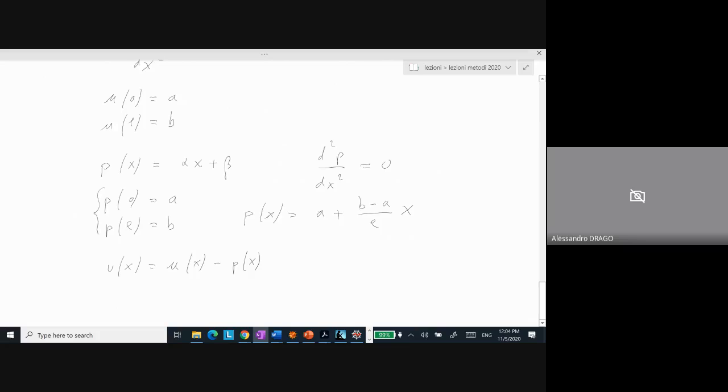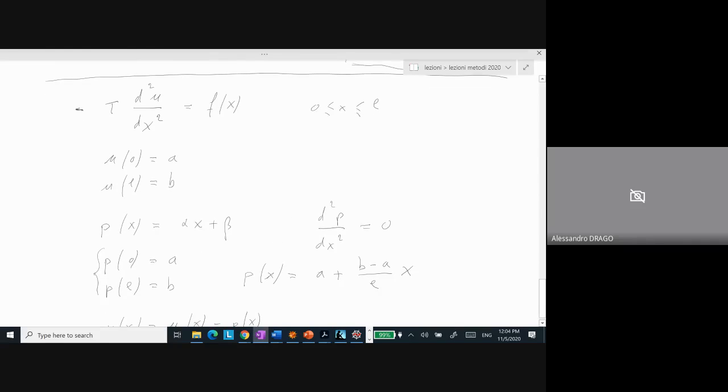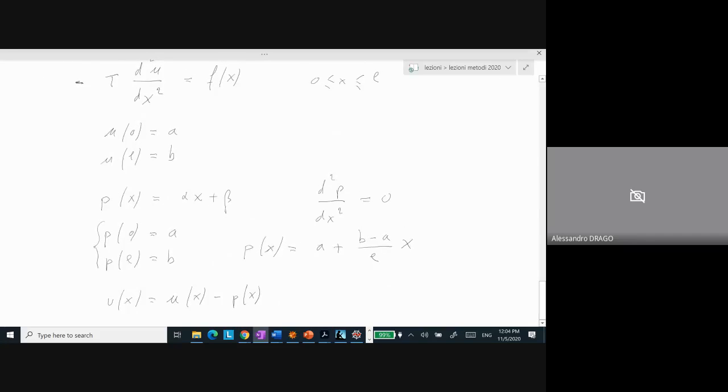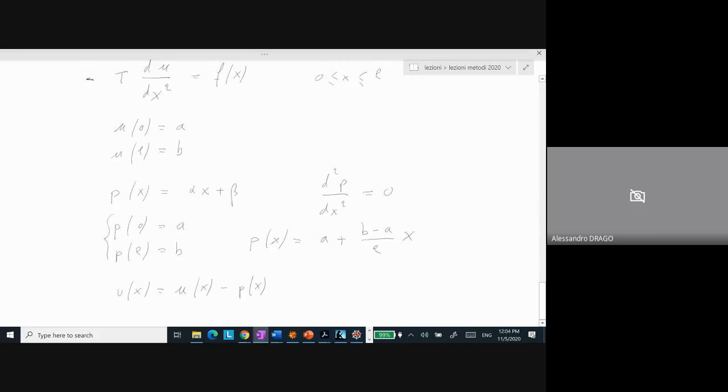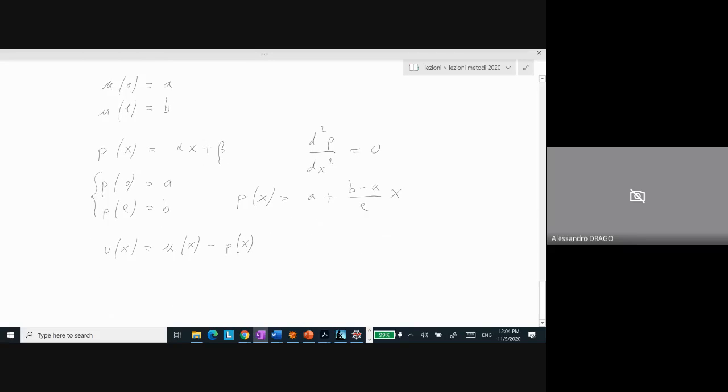And it is obvious what happens if I write the equation for v. The second derivative of v is exactly identical to the second derivative of u, because the second derivative of p is equal to 0. So if I substitute, I get that the equation for v is of the form minus T, second derivative of v with respect to x squared, equal to f of x.